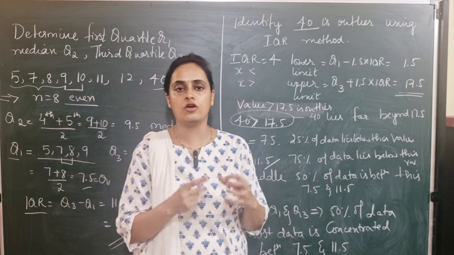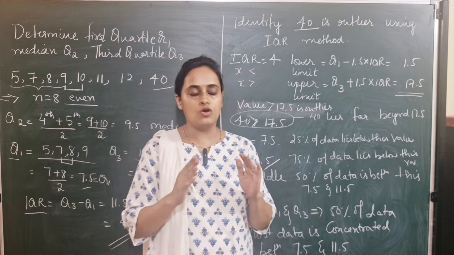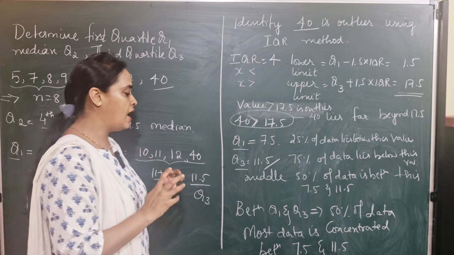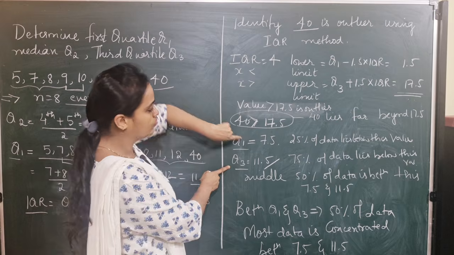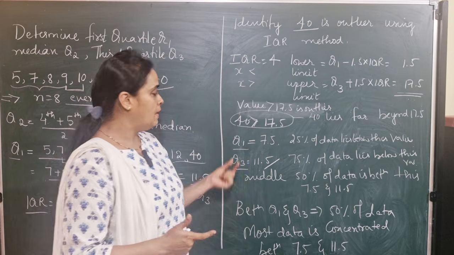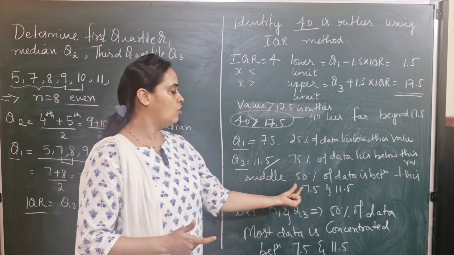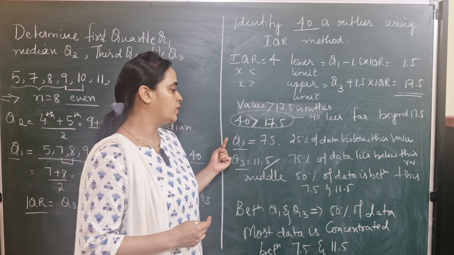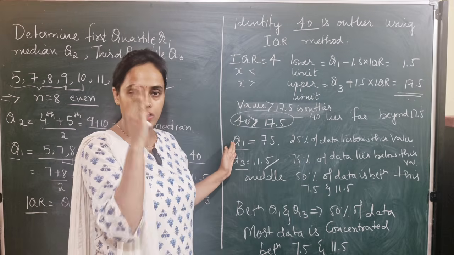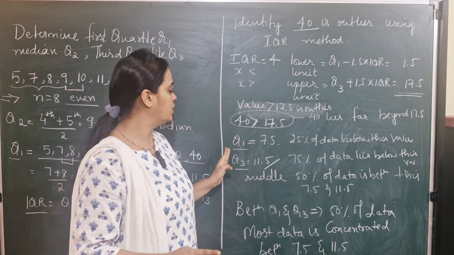Then where is the higher concentration of the data? The high concentration of data is always between the range Q1 and Q3. So we can understand it like this: between Q1 and Q3 we have almost the middle, that is 50% of the data. If you consider only up to Q1, it is 25% of the data.